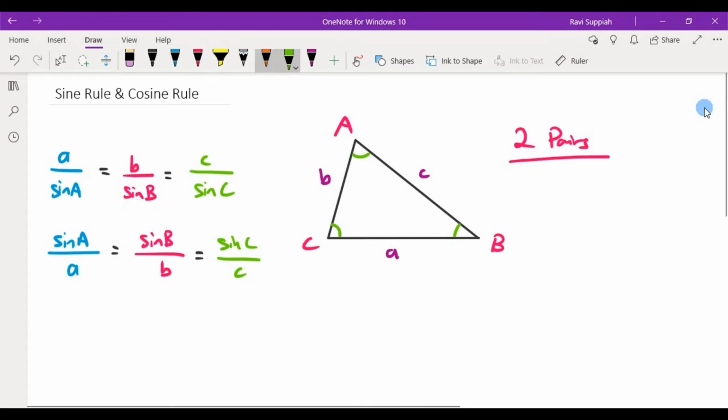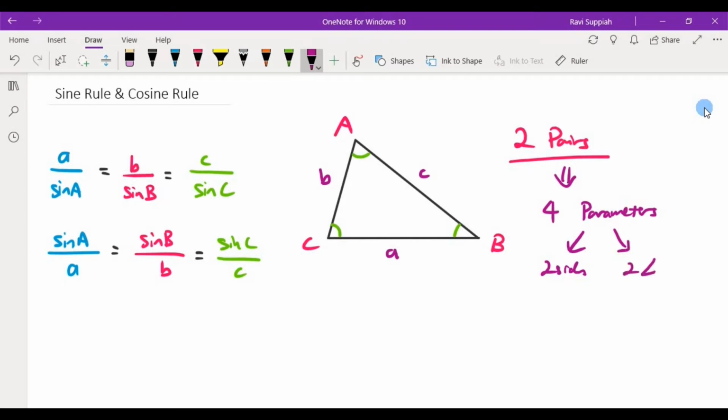You have to remember that out of the two pairs, you have four parameters: two sides and two angles. You need to choose the sides and angles such that three are known and one is unknown.